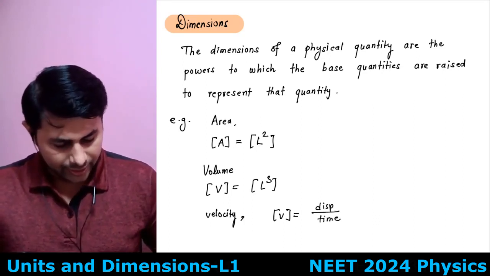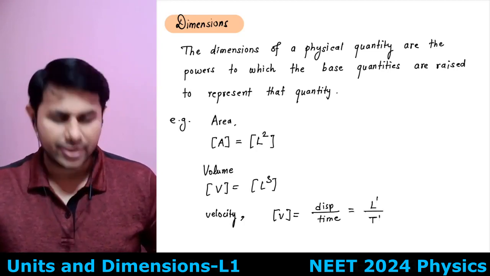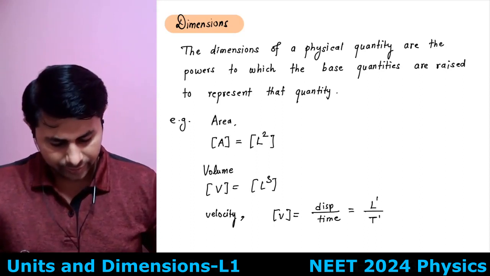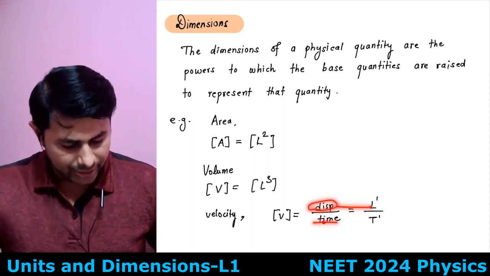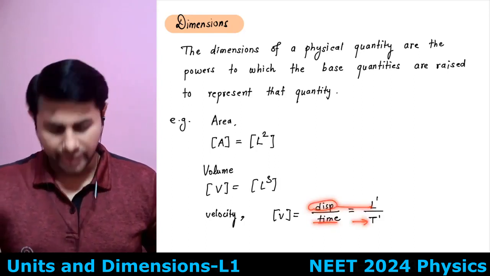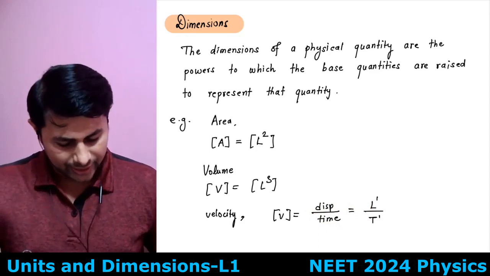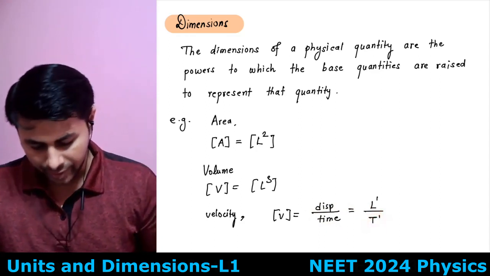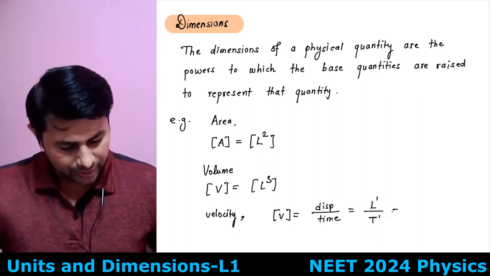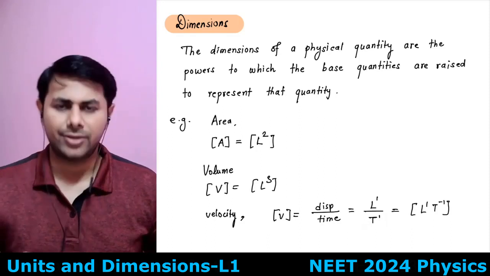So in the numerator I have L to the power 1, in the denominator I have t to the power 1. The dimension of length is L raised to 1, the dimension of time is t raised to 1. So I have L raised to 1 divided by t raised to 1. If I take t raised to 1 into the numerator, it becomes t raised to minus 1. So the dimensions of velocity are L raised to 1, t raised to minus 1.